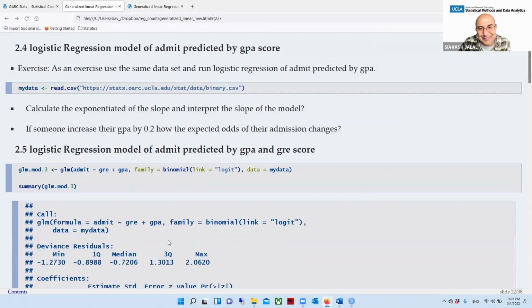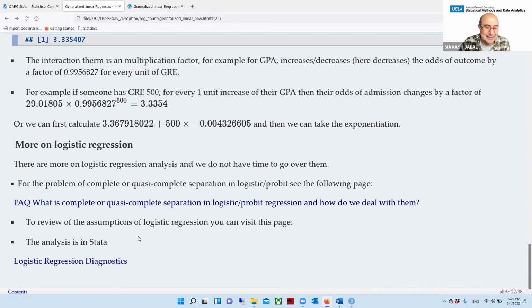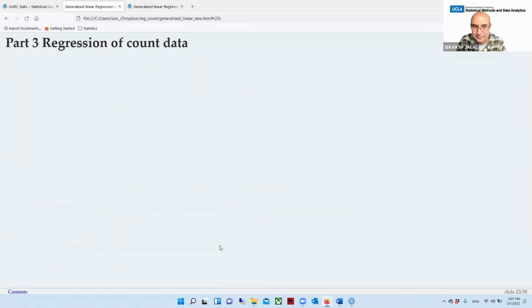It might change. That's explained here also. Any question? If you want, you can unmute yourself and ask a question.